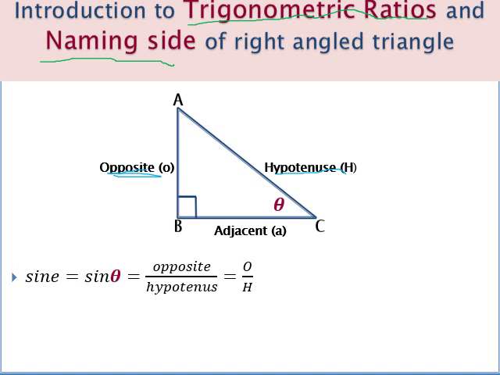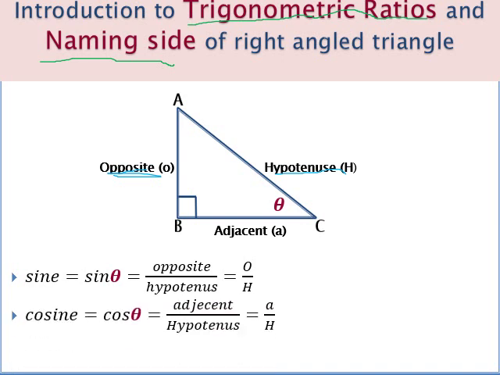Then that brings us to our second trigonometric function, which is called the cosine. The cosine can be written in short as cos theta, which means we are also talking about that angle theta or angle C. Cos theta can be written as the adjacent side divided by the hypotenuse side.